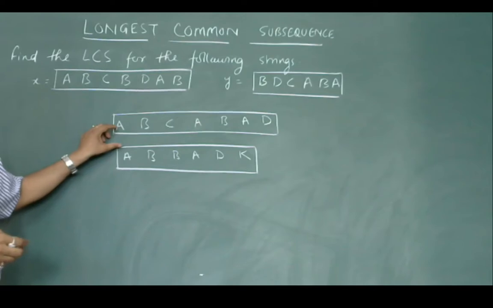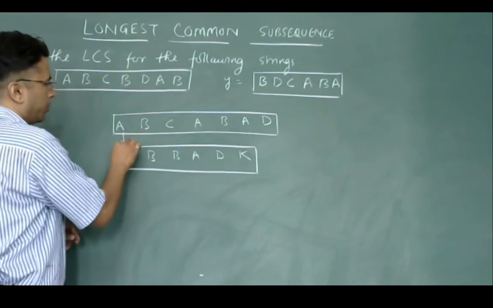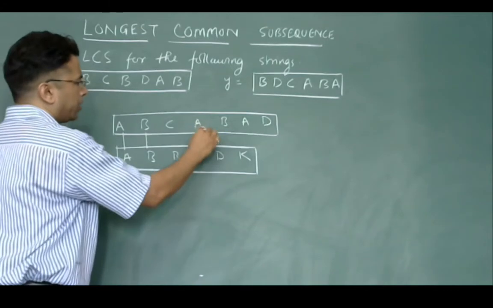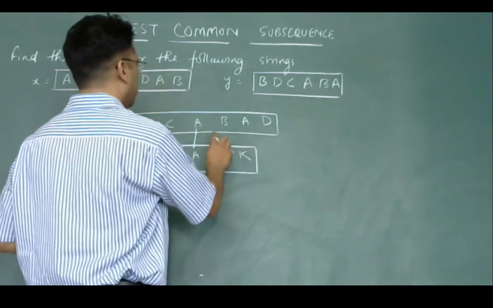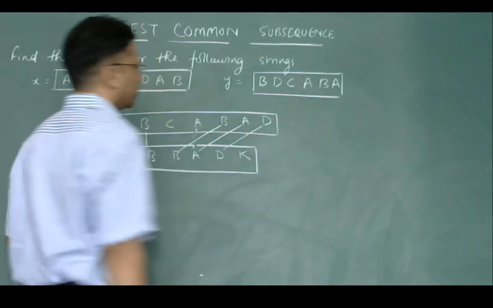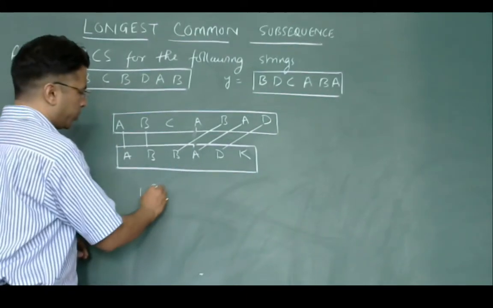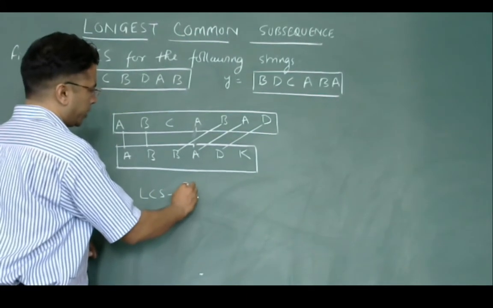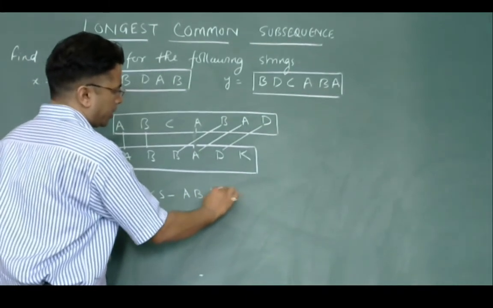Here the strings are AA, BB, and AA and D. Sorry, BB, AA, and D. Here I am finding that the longest common subsequence between the two strings is A, B, B, A, and D.